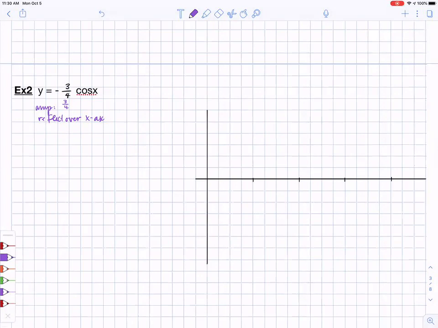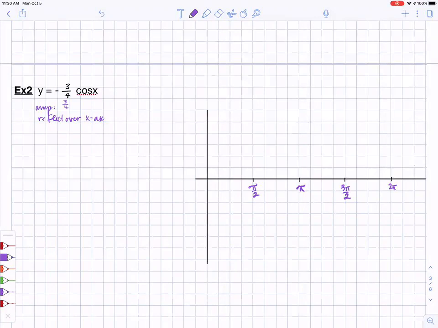So the ending is going to be at 2 pi. Take half, you get? Take half. And then count. So you've got 1 pi over 2, what's next? 2 pi over 2, and then 3 pi over 2, and then 4 pi over 2. And again, I know I'm being redundant here, but those numbers will change.